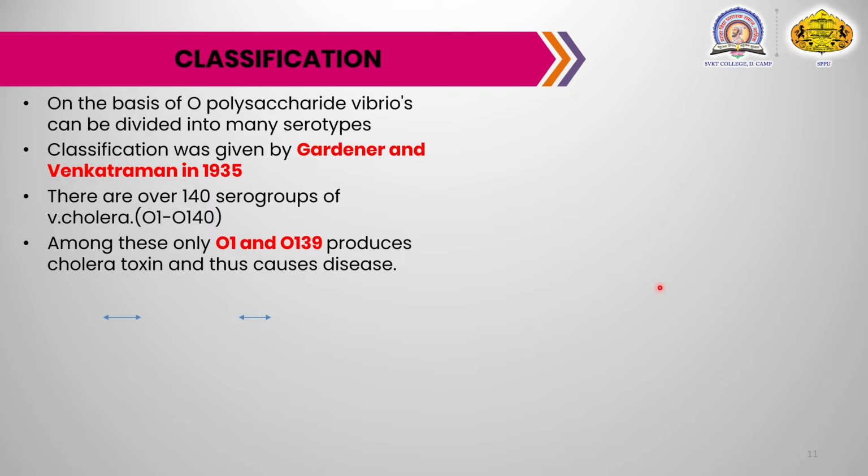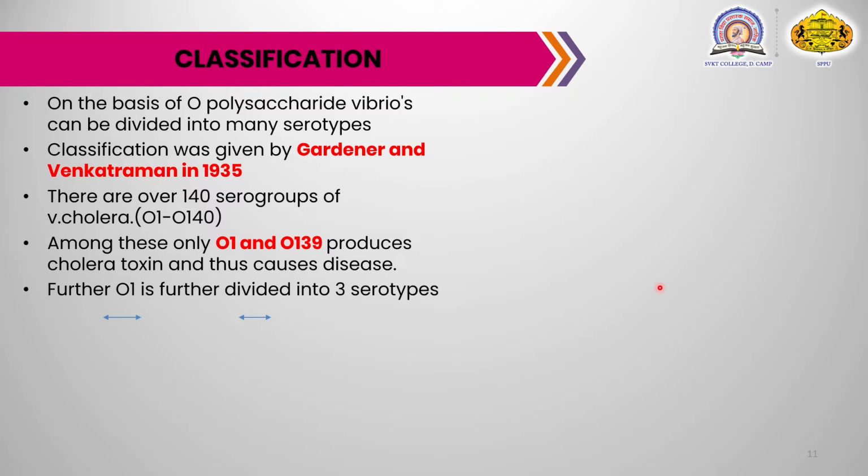Cholera is caused not because of the presence of bacteria, but because of the toxin produced by Vibrio. This toxin production is generally present in O1 and O139, and therefore they are associated with cholera in human beings.